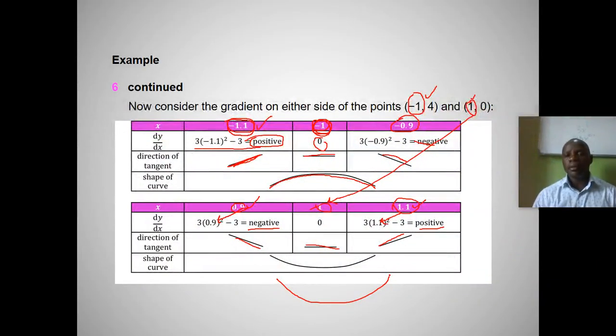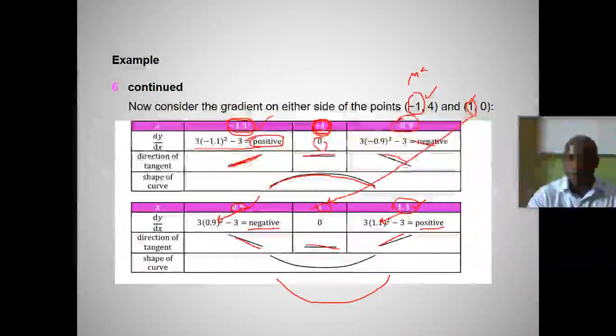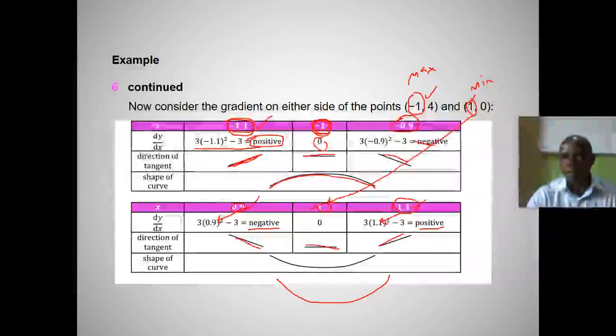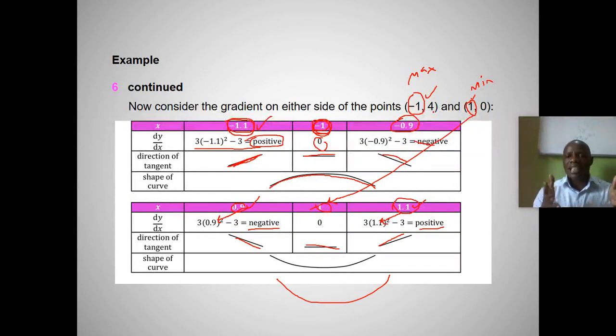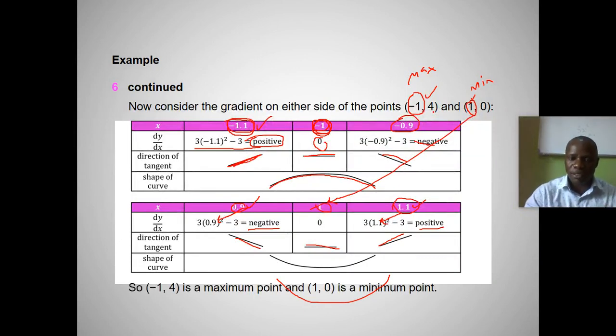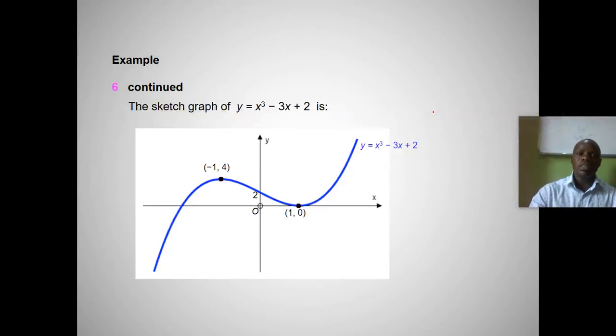It's a minimum point. The first point was a maximum, and this one is a minimum point. So we can tell maximum and minimum using this test with the derivative dy/dx.